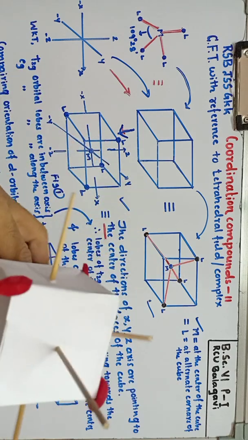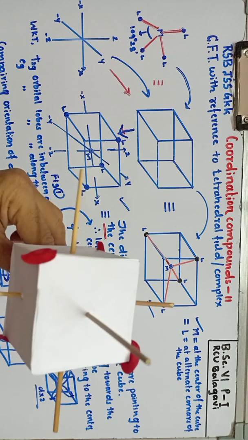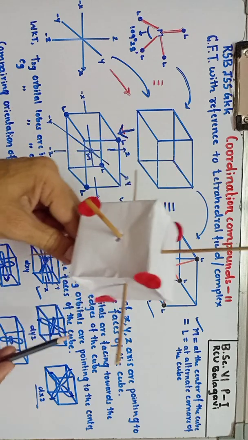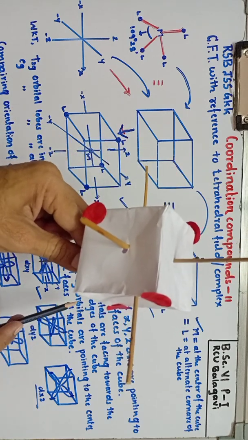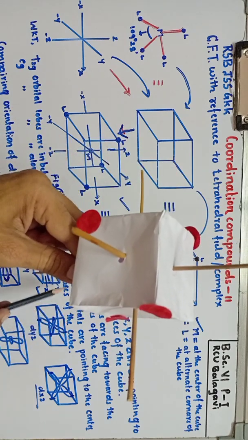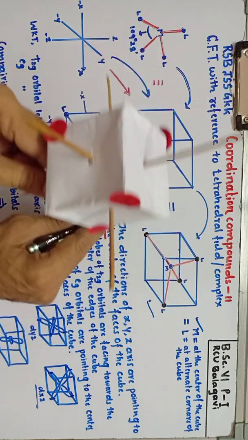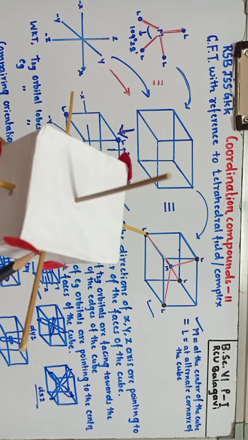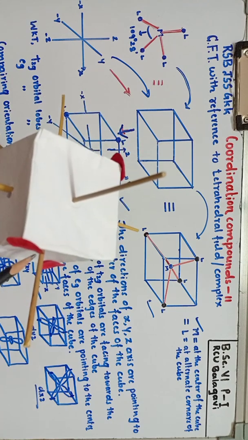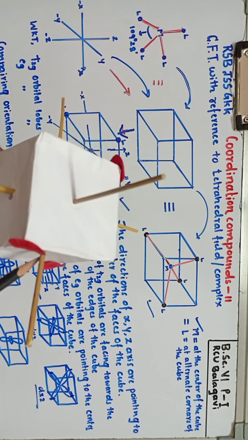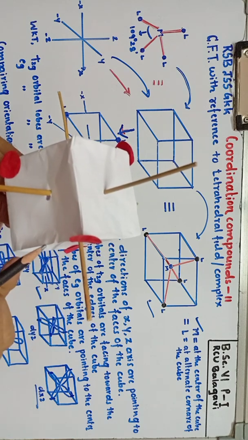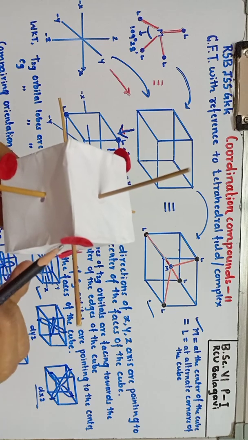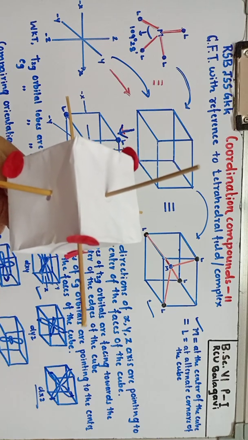So therefore, by comparing the orientation of d orbitals with a regular cube, it is clear that Eg orbital lobes are pointing exactly at the center of the face of the cube, whereas T2g orbital lobes are exactly pointing towards the center of the edge of the cube.